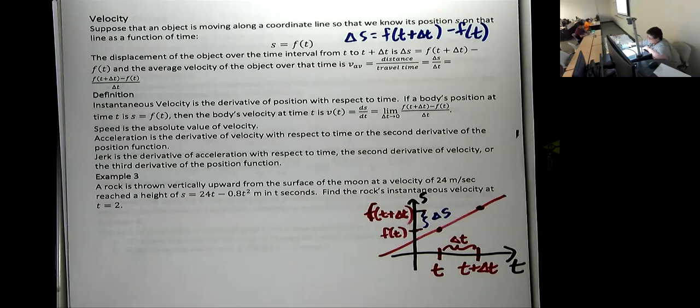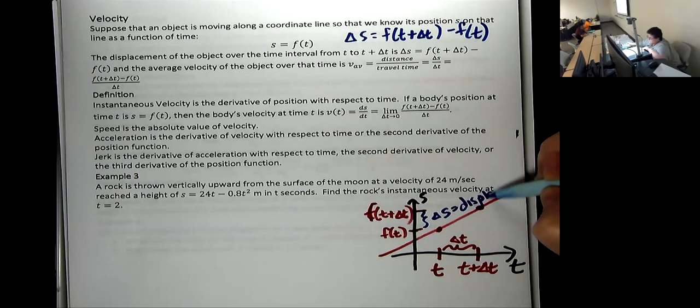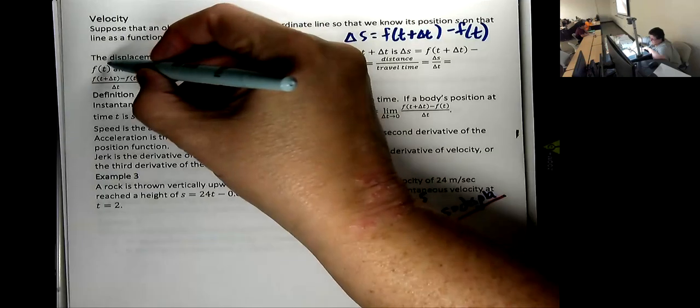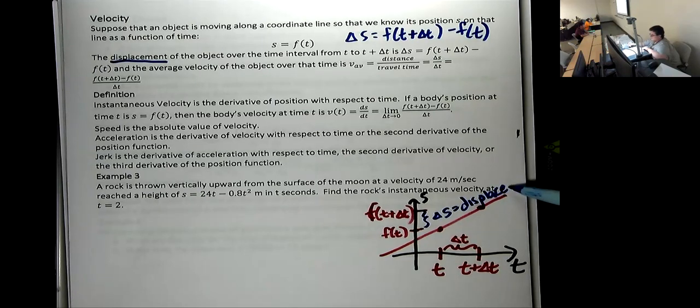And that's called displacement. Delta s is displacement. Speed is distance over time, and so is velocity. Velocity is the distance over time.